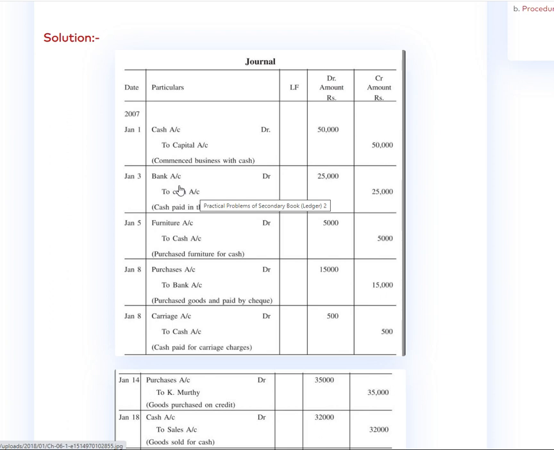The journal entry on January 3rd: bank account debited with 25,000 to cash account, that is 25,000. Bank account debtor to cash account, 25,000. The narration here is cash paid in the bank.